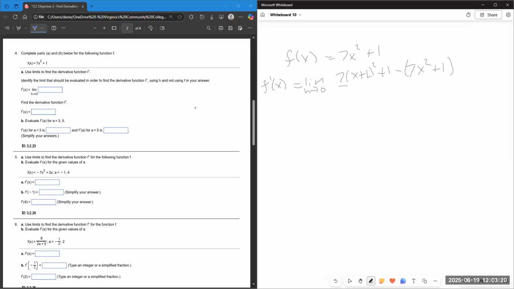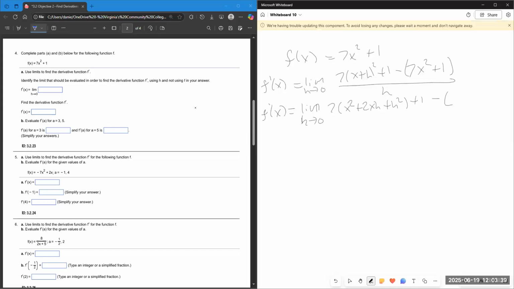Wrap that in parentheses over h. f prime of x is the limit as h goes to 0 of 7 times x squared plus 2xh plus h squared plus 1 minus 7x squared plus 1.